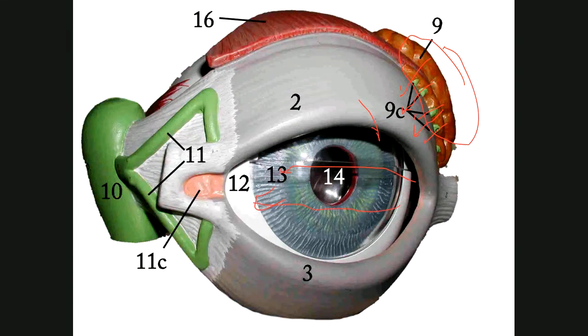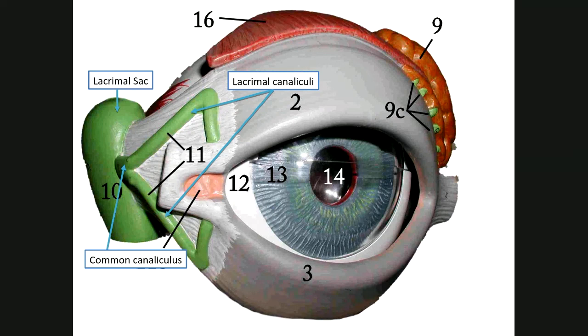Right here's the puncta, right here and right here, and it's going to enter these canaliculi. Remember, there's a superior and an inferior canaliculus, and then here it goes into the lacrimal sac, and then finally down into your nose. So if we label those things, it looks like this.